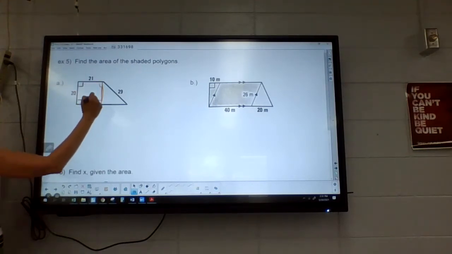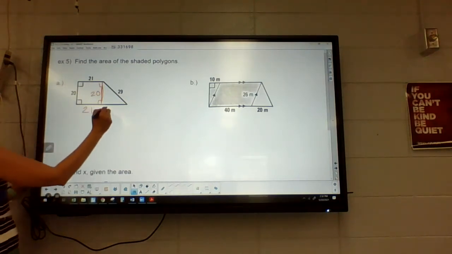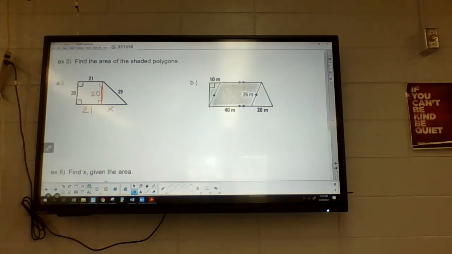This has to be 21 and this has to be 20. This is the way a rectangle works. But I don't know this distance yet. But I should be able to find it because that's a right triangle there and I know 2 of the sides.